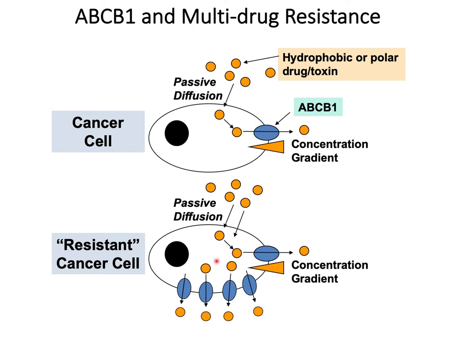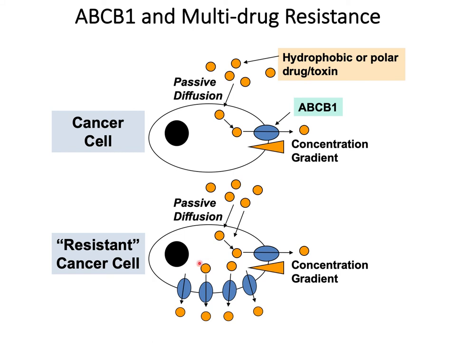So this cancer cell is showing that it's strongly overexpressing this ABCB1. The chemotherapeutic drugs enter by passive diffusion, and then they are rapidly pumped out into the extracellular space. They are not able to kill the cancer cell because a lot of these agents are cell cycle toxins that block the cell division. When we talk about cell division, we will talk more about these chemotherapeutic agents.